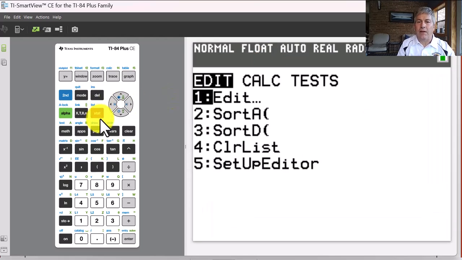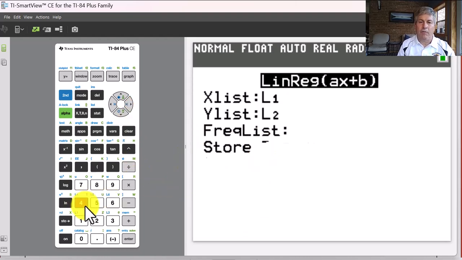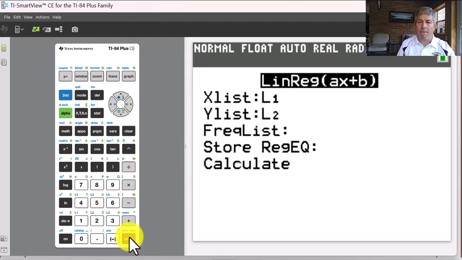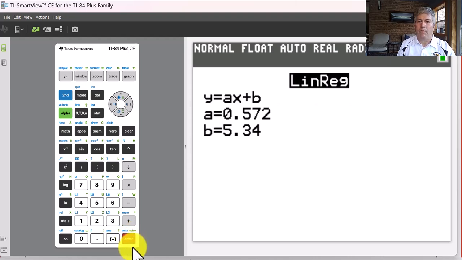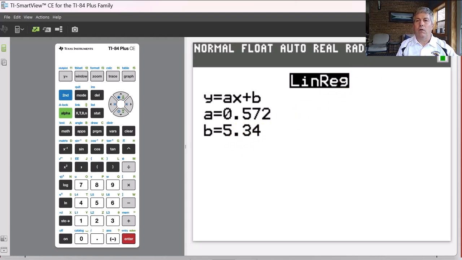So I enter Stat, Calc. We'll start with our linear regression. We're going to use our lists 1 and 2, and we calculate our linear regression: our slope is 0.572, our y-intercept is 0.534, and we'll transfer that information over to our answer key.